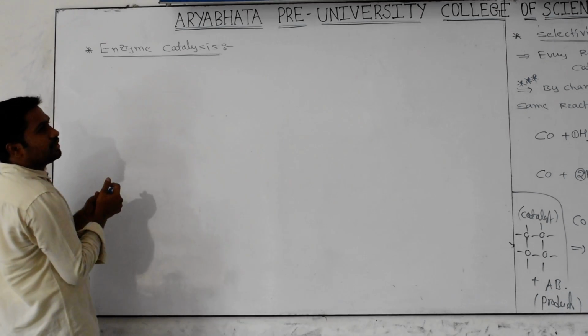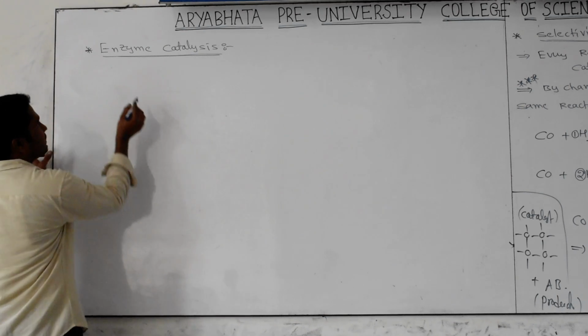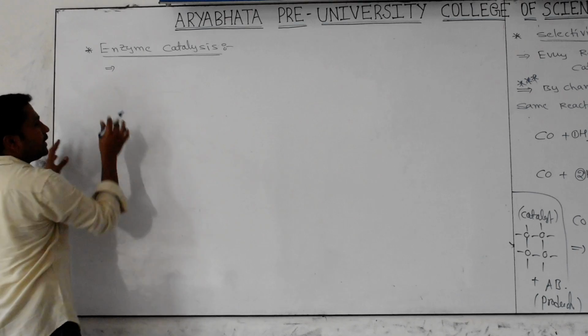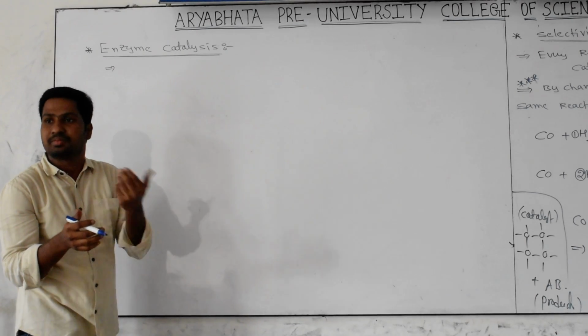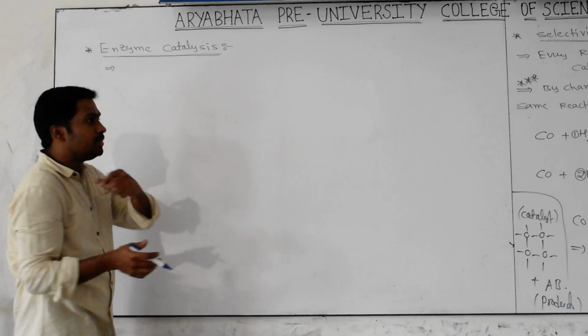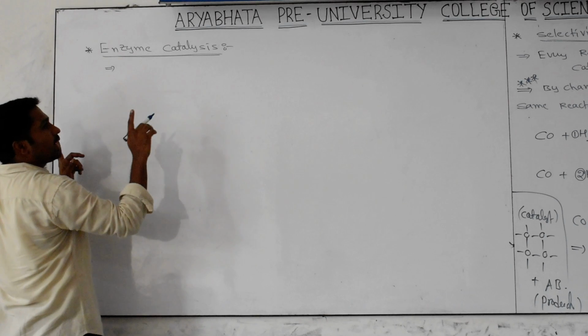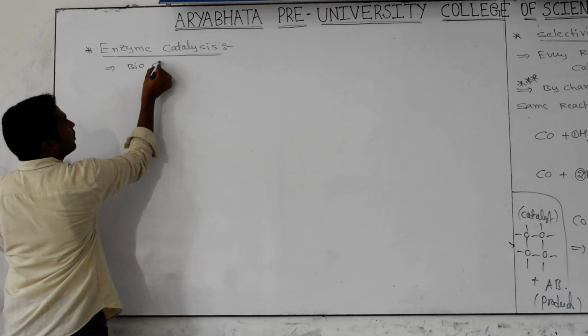What is the meaning of enzyme catalysis and where is it happening? What is the process? Everything we will discuss. See, in living organisms, like plants or animals, so many biochemical reactions are going on. Yes or no? In living bodies like animals and plants, so many biochemical reactions are going on.